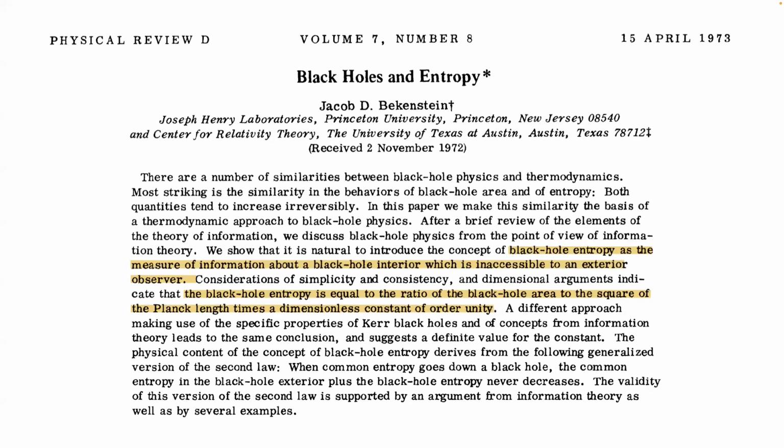And that entropy is equal to the ratio of the black hole area to the square of the Planck length times a dimensionless constant. So it's the area in Planck units, right? So why the area?